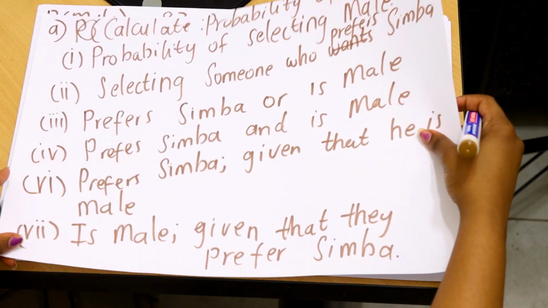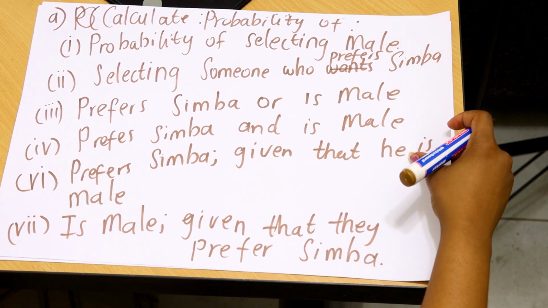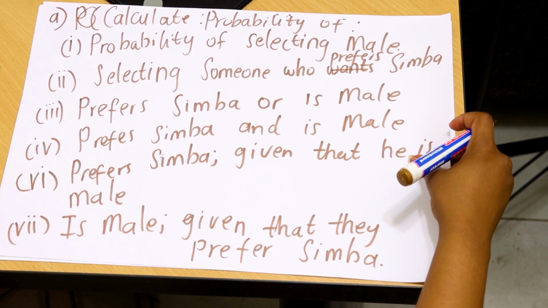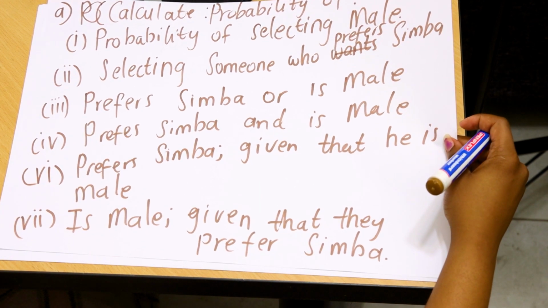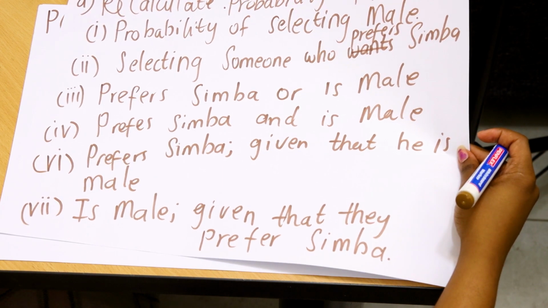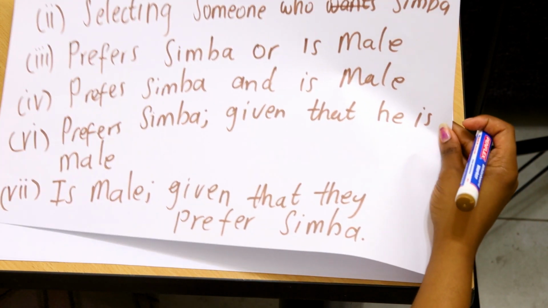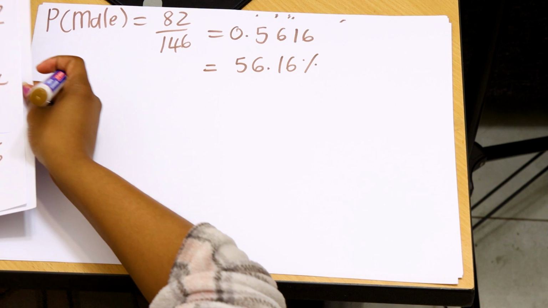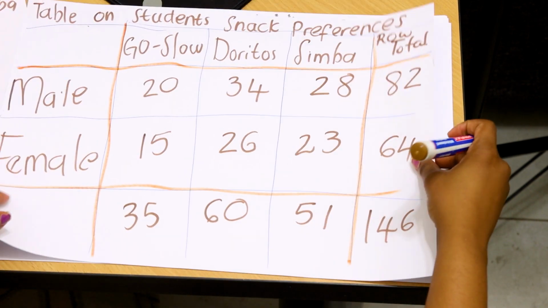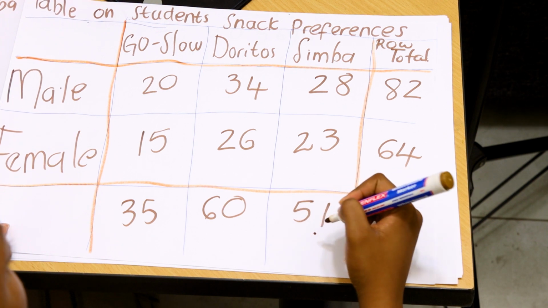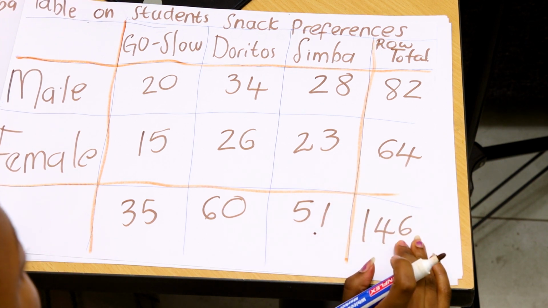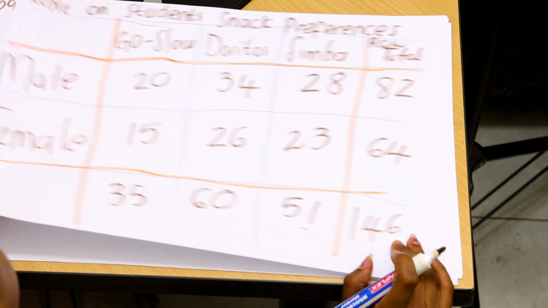So the second question says, calculate the probability of selecting somebody who prefers Simba. Again, we have a marginal probability because they are asking you to calculate the probability of just one single event. For Simba, as we can see, the total is 51. The total for the sample is 146.